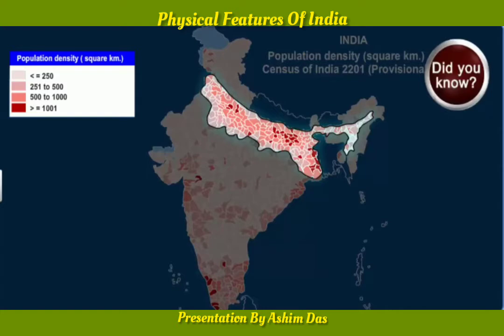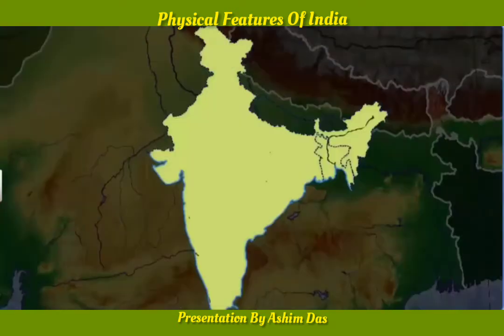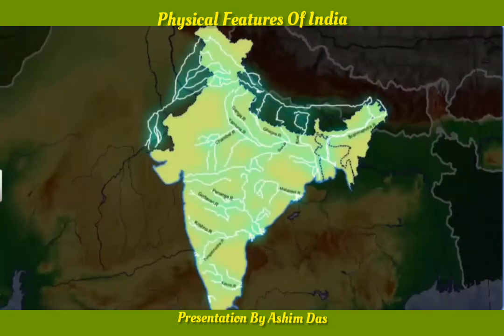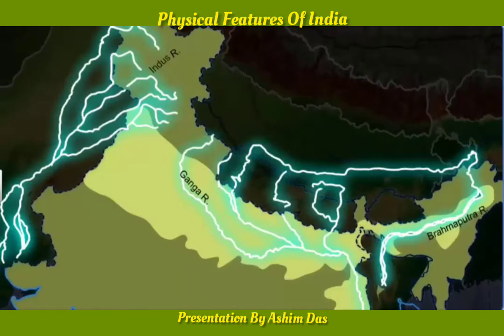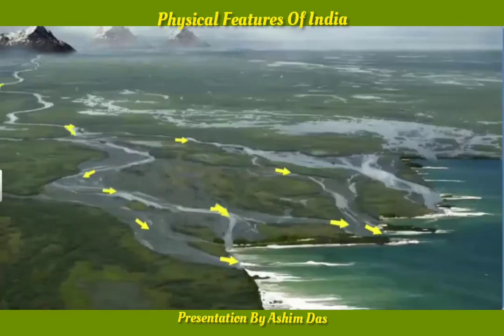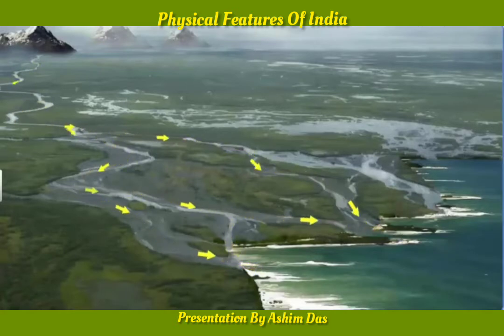Let's come back to the river systems that helped in the formation of the northern plains. The rivers coming from the northern mountain carry a huge load of eroded soil and debris. As a river flows down towards the plains, due to the gentler slopes, its velocity decreases, and the material carried by it gets deposited on the way.